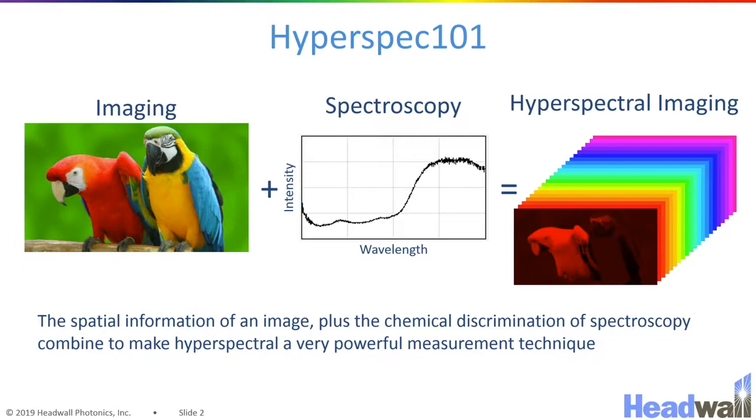These maps can be used in an endless amount of techniques to show where chemical content appears, both in remote sensing and on, say, a conveyor belt or in a laboratory situation.